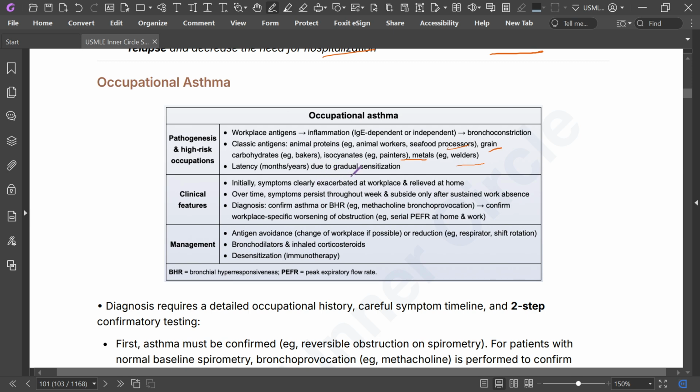Initially, symptoms are clearly exacerbated at the workplace and relieved at home. Over time, symptoms persist throughout the week and subside only after sustained work absence.